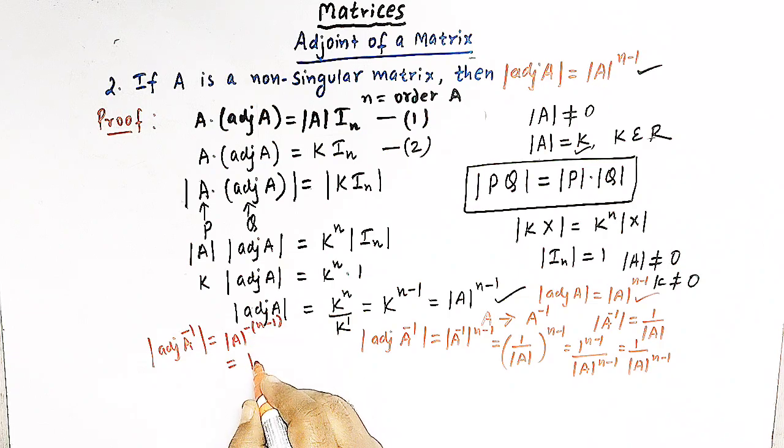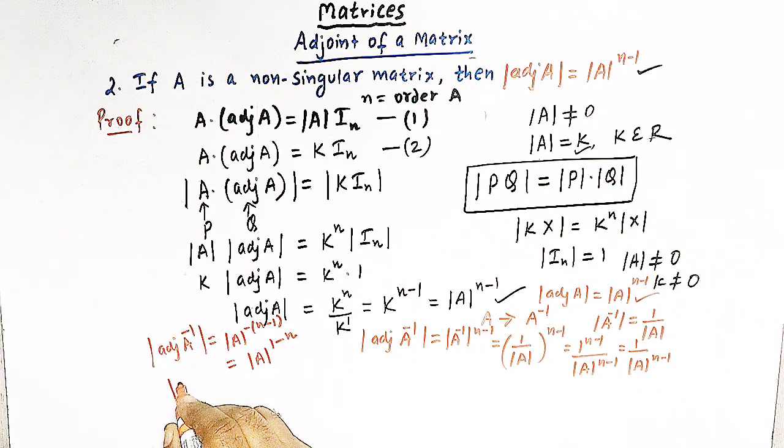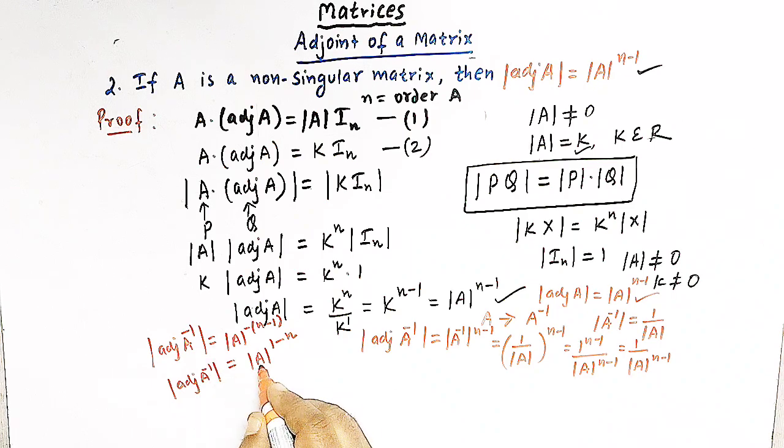We can also write it as determinant of A raised to 1 minus n.